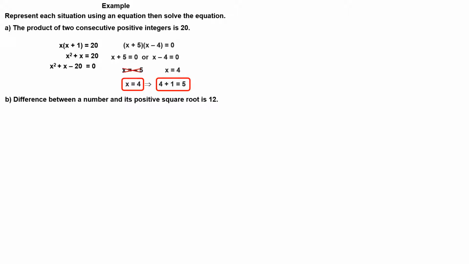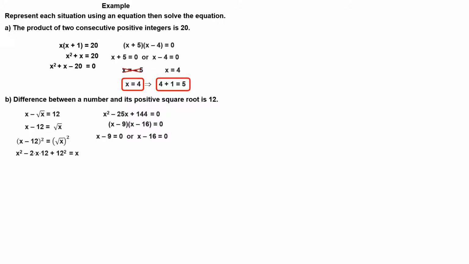The difference between a number and its positive square root is 12. x equals 9 does not satisfy the condition given in the question. Hence, the required number is 16.